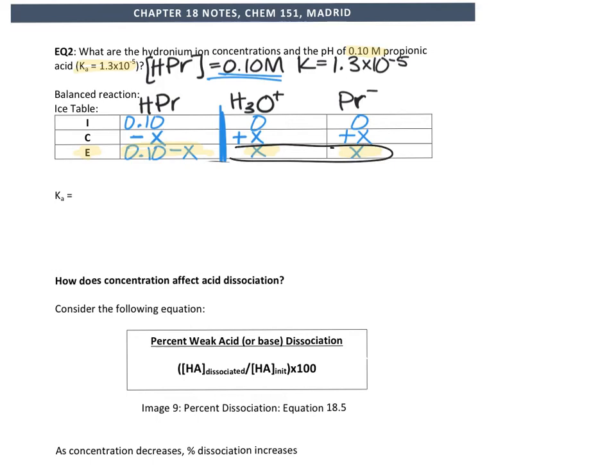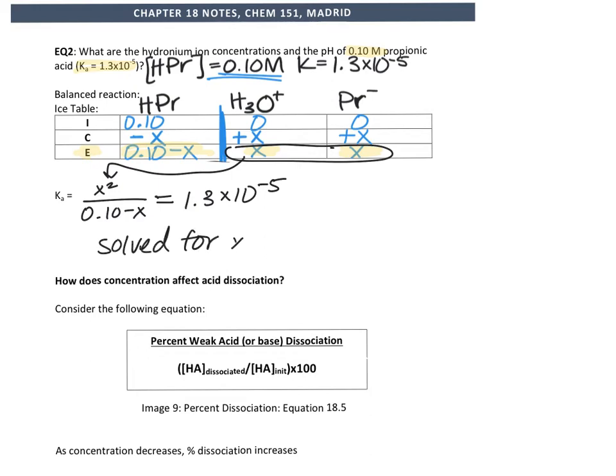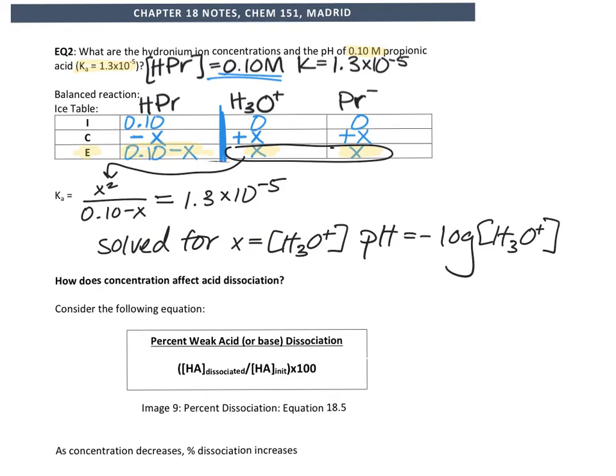Our x values for the products are at the top, x squared over our reactant, 0.10 minus x, and we set that equal to the Ka, which is 1.3 times 10 to the negative 5, and then we solved for x, which was equal to hydronium concentration, and we know that pH is equal to negative log of hydronium concentration. So we took our x and plugged it in here.